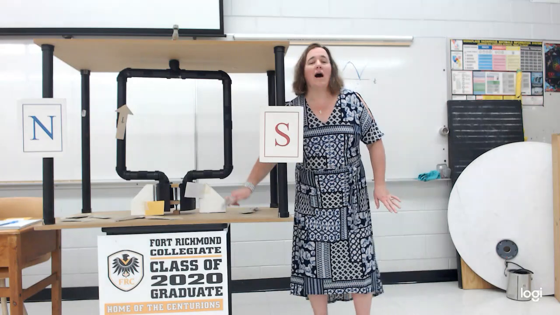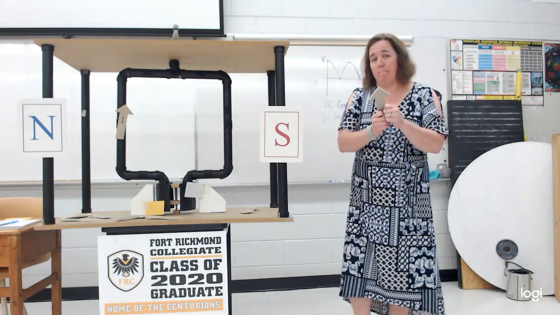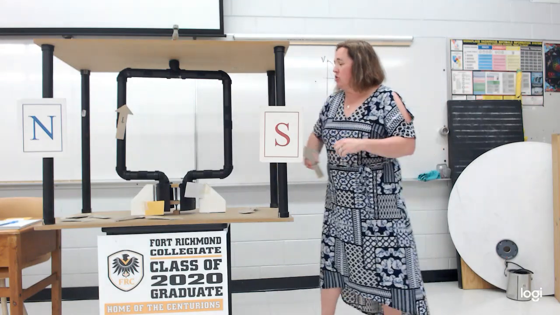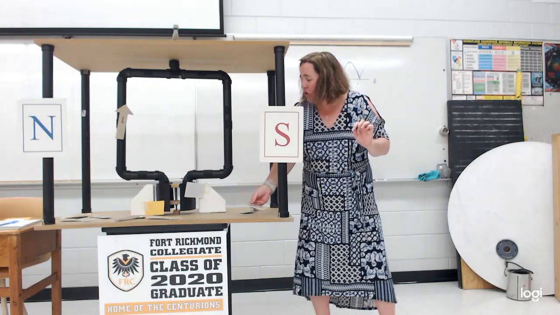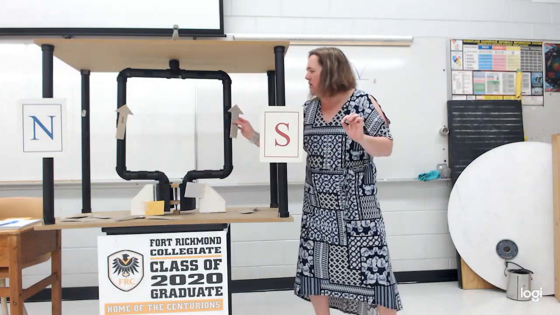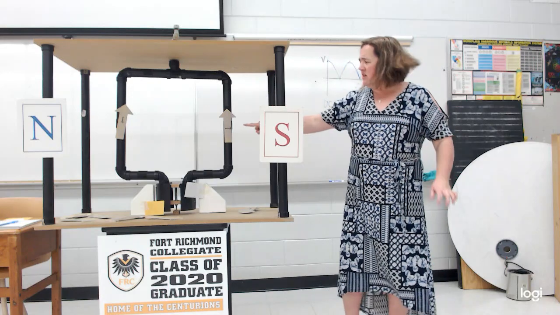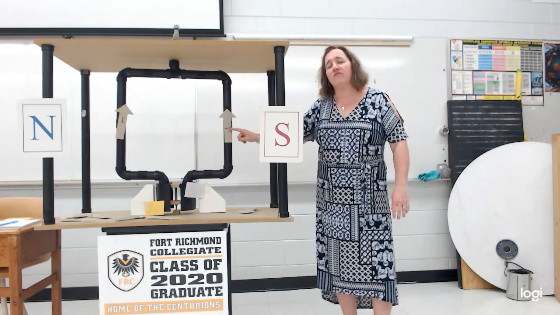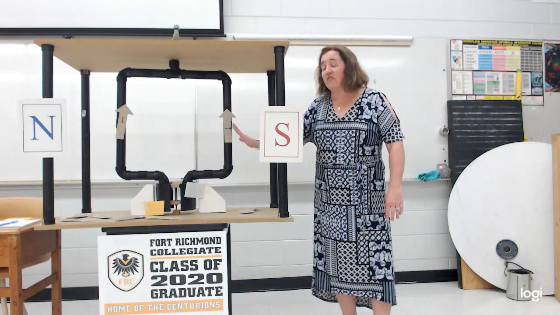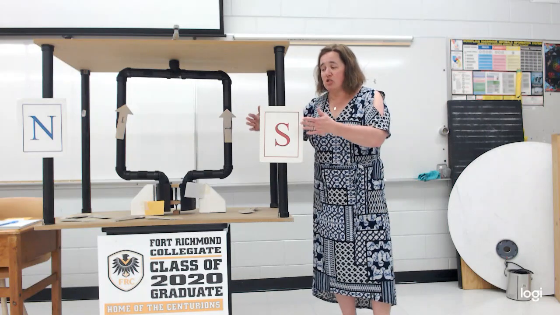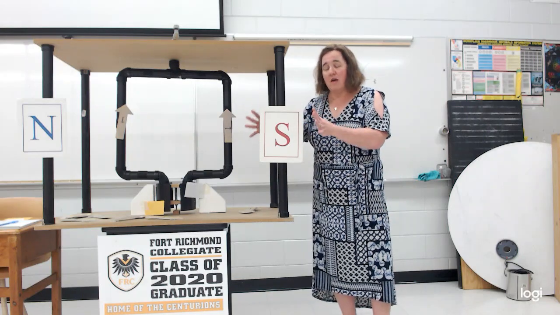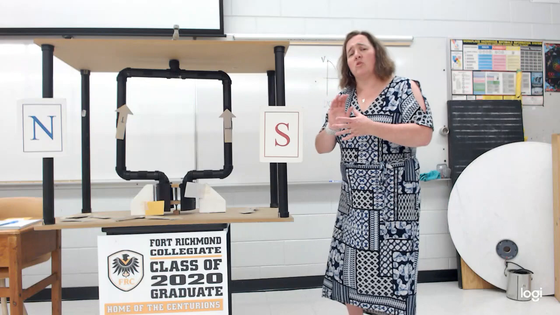But now I add current. I put a battery in to generate some kind of current. Current comes in, and then this current has its own magnetic field. The magnetic field of this current interferes with this magnetic field, and we end up with a force.